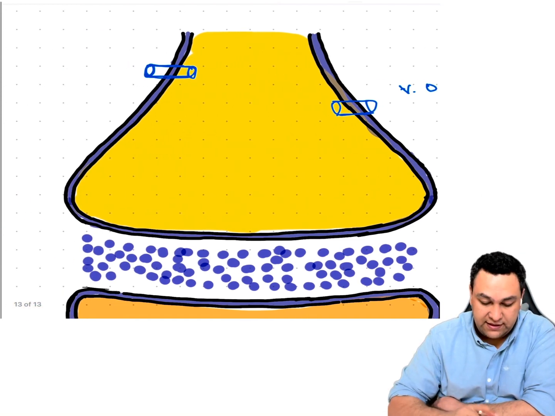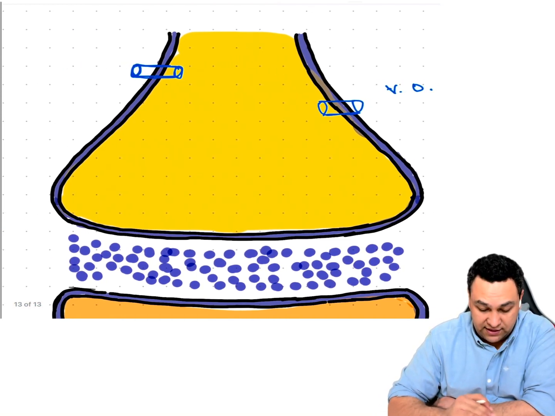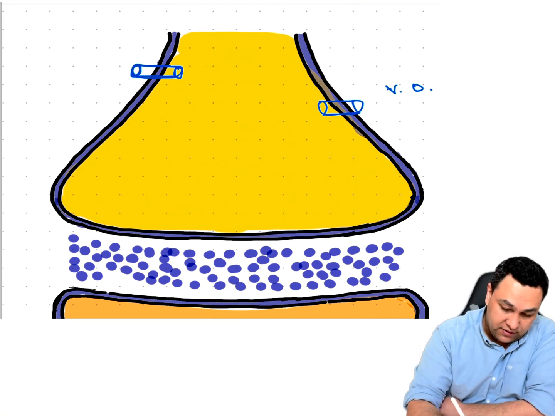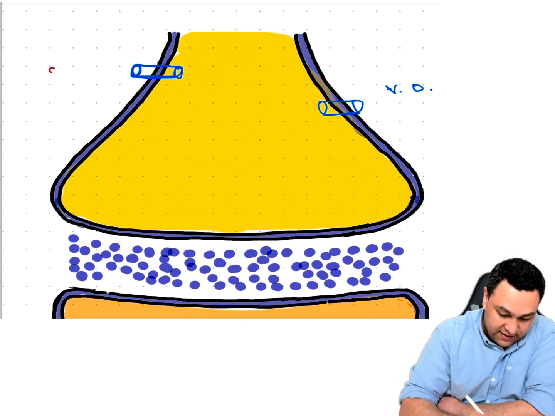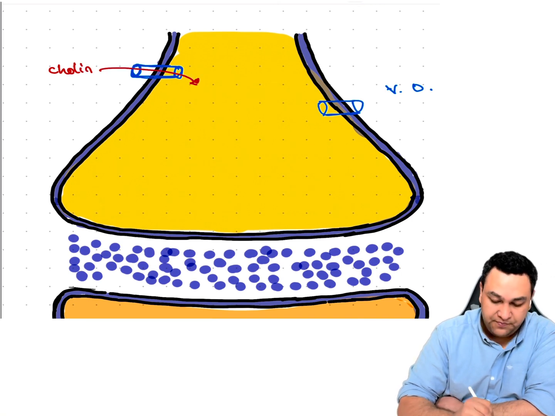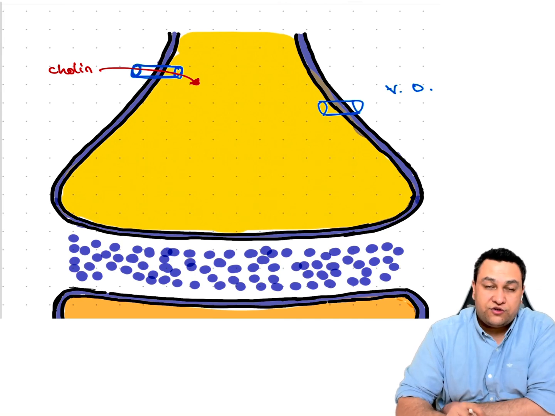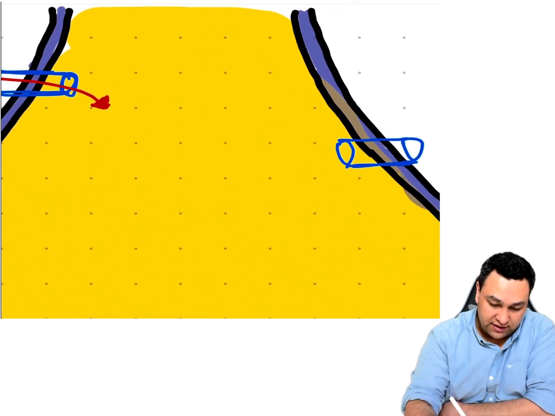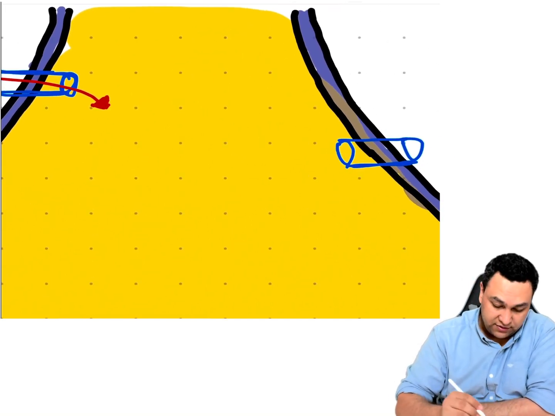So let's see where the choline comes from, how it enters, and how it forms acetylcholine. Now the choline, as we said, is taken in by diet, and as it enters the presynapse, of course it should be converted into acetylcholine. In order to convert choline into acetylcholine, we need of course an acetyl molecule.